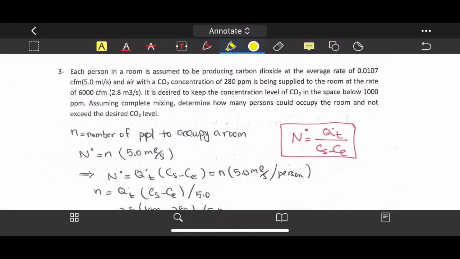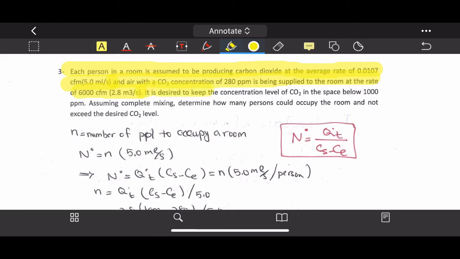Now the third question is, each person in a room is assumed to be producing carbon dioxide at the average of 0.0107 cubic feet per minute, or 5 milliliter per second. And air with a CO2 concentration of 280 ppm is being supplied to the room at a rate of 6000 CFM or 2.8 meter cube per second.